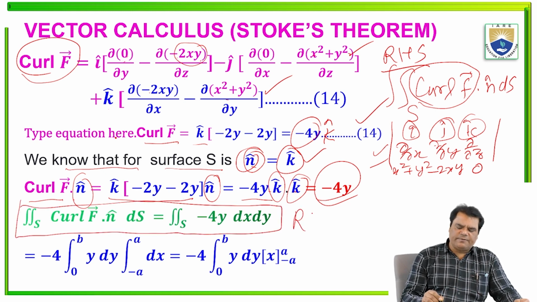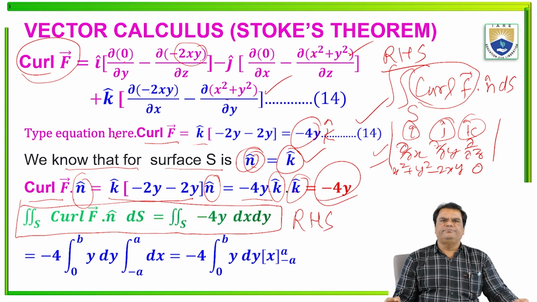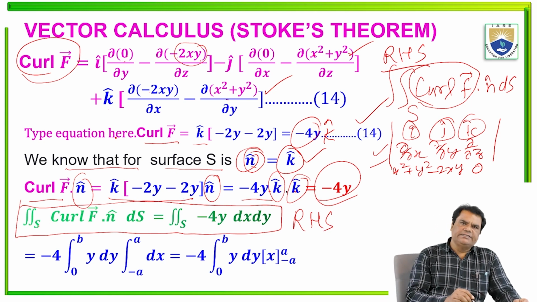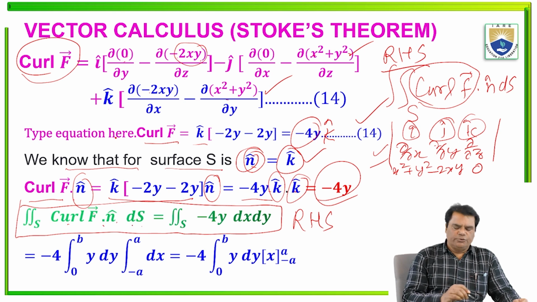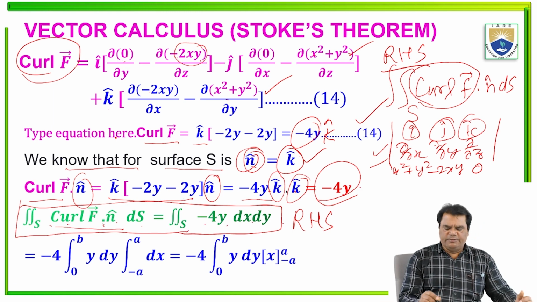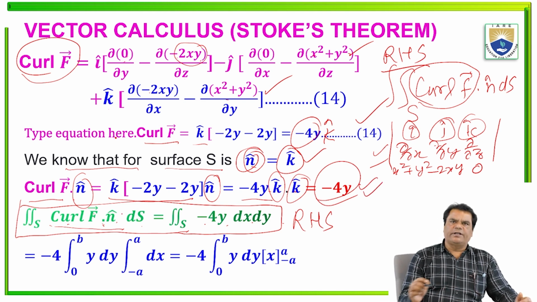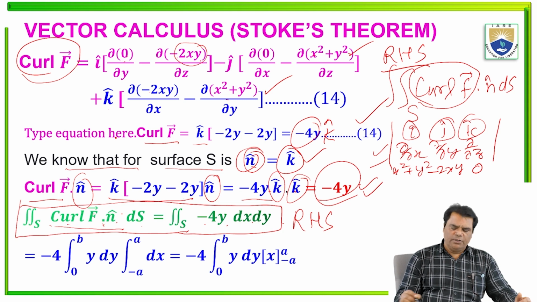This is the RHS formula of Stoke theorem. Double integration over surface S curl F vector dot n ds. So we have to find the value of this integral. Double integration has minus 4y dx dy. This result is minus 4y. We have already calculated this curl F dot n.